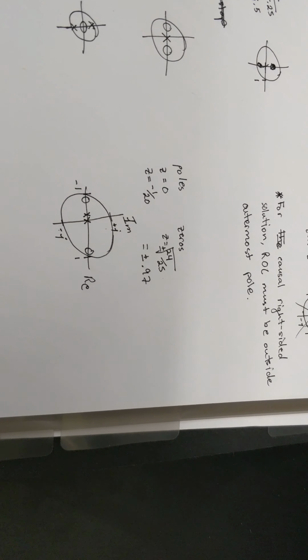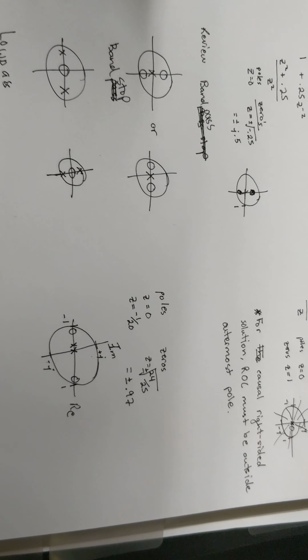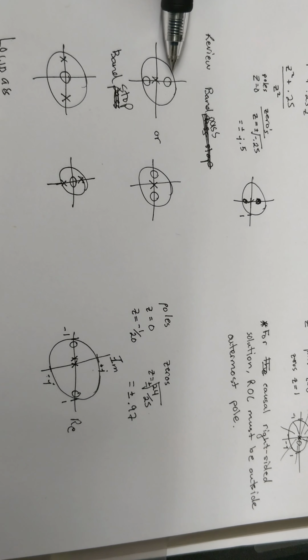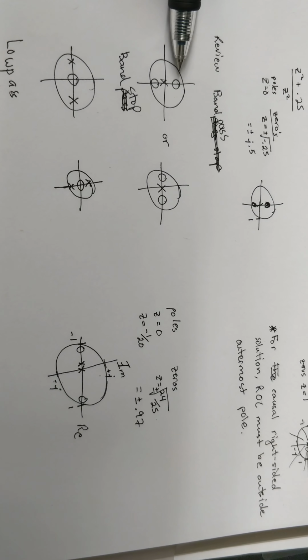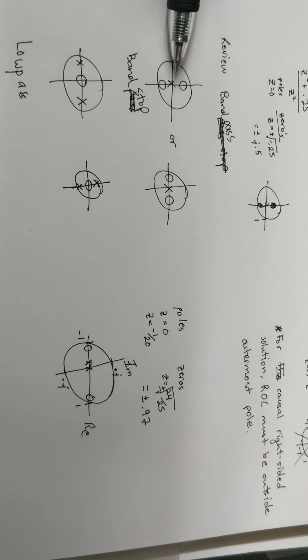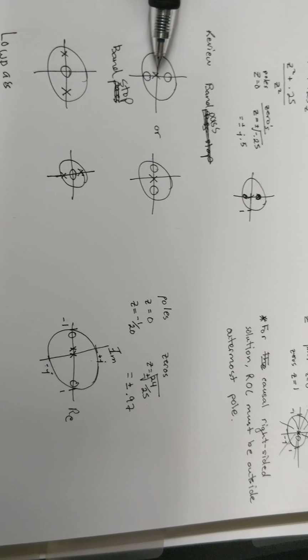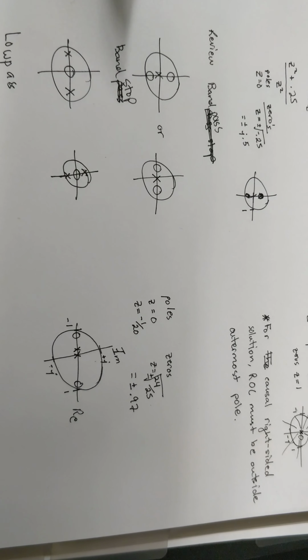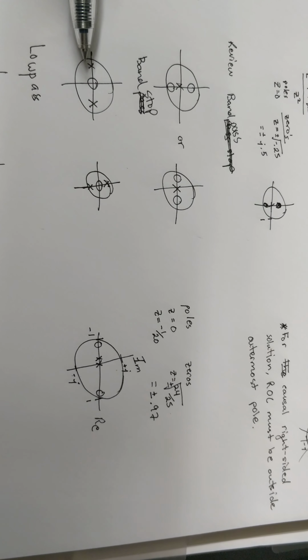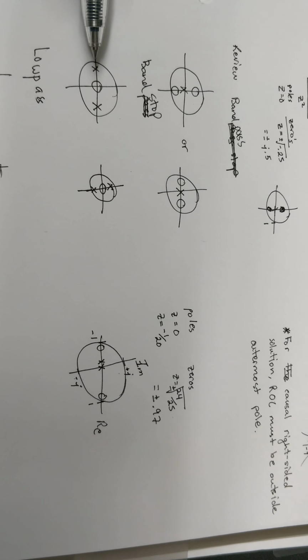And if we look at this system, then what we can start looking at is what does a band pass look like? We see that a band pass has zeros, and it also has some x's between the zeros. We also see a band stop, which has a 0 in the center, and it has x's on the left and right of that 0.